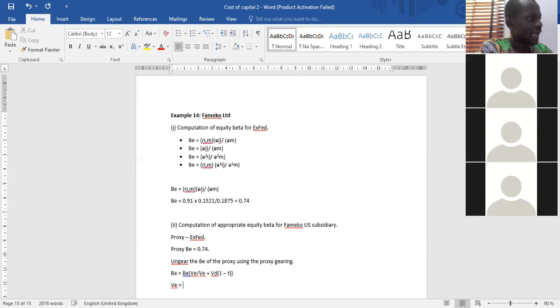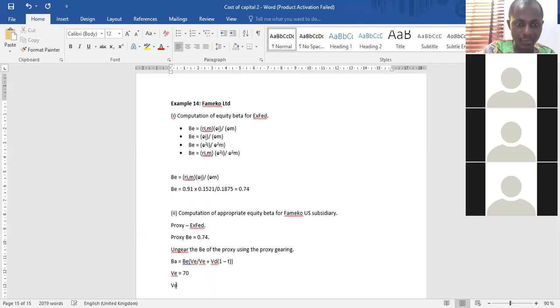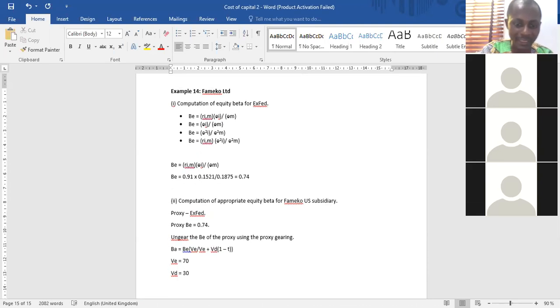Well, if I consult the X-Fed Corporation, X-Fed capital is structured in what? 70-30. So 70% equity, and value of debt is 30%. And what's the tax rate? X-Fed pays corporate tax at 30%.